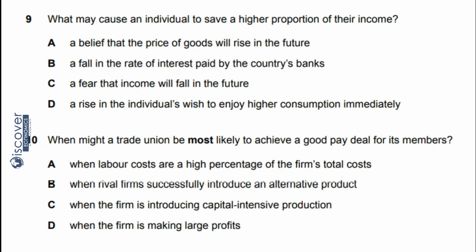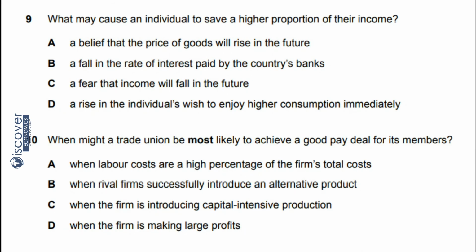Now see, if labor costs are high and they have a bigger share in the firm's total cost, if the union will be asking the firm to increase their wages, it will have adverse impact on the firm's total cost, and it will even push the firm into more losses. So this will not encourage the firms to increase their salaries. Rather they would downsize their companies because they will feel that they are making a loss. So how could we increase the salaries of the people at this moment? So A will not be the answer.